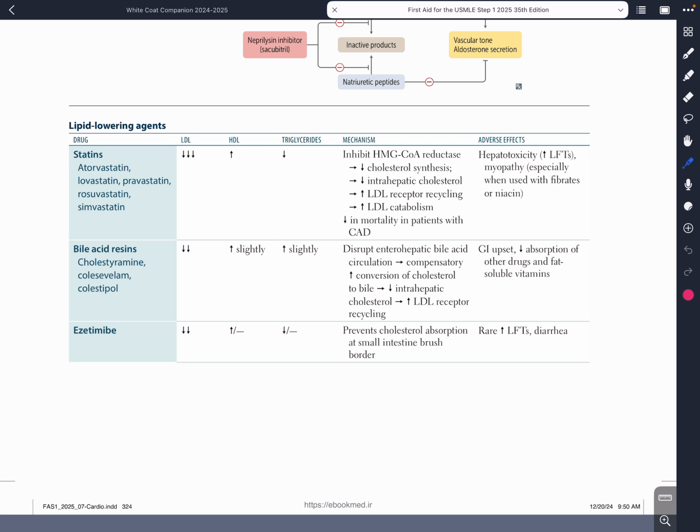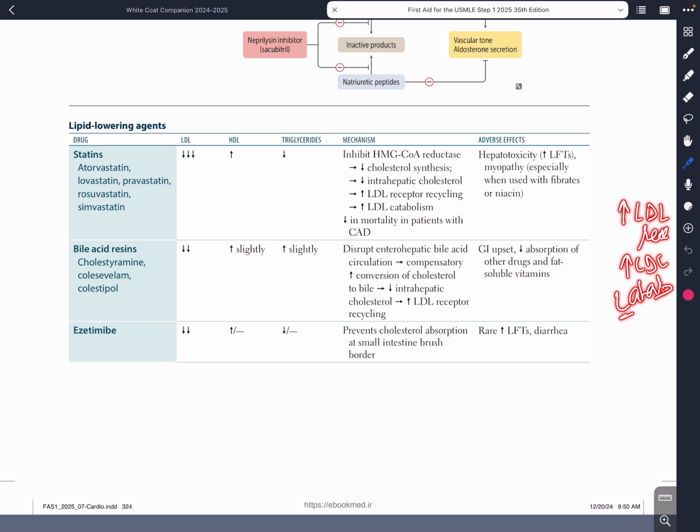And statins also decrease triglycerides. The mechanism of action is that statins inhibit HMG-CoA reductase, decrease cholesterol synthesis, decrease intrahepatic cholesterol, and increase LDL receptor recycling, which means you eventually have increased LDL receptors, and increased LDL catabolism.